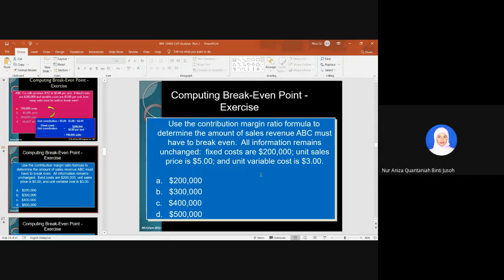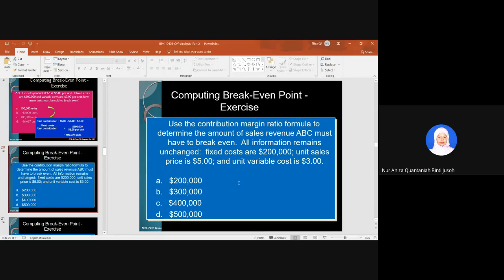So CMR ni will be contribution margin divide by sales. Tadi contribution margin was $2. Now $2 divide by 5. What is the CMR ratio? Berapa ratio dia? 2/5. Okay, 0.4.